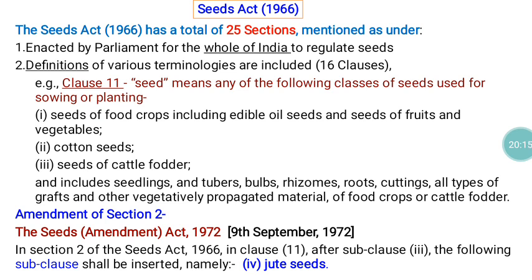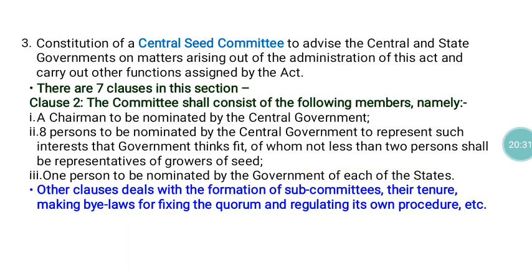Coming back to our discussion, Section 2 deals with the definitions of various officials and terms related to seed production, certification, testing and marketing. Then Section 3 is a very important section and the heart of the Seed Act, because it deals with the Central Seed Committee.